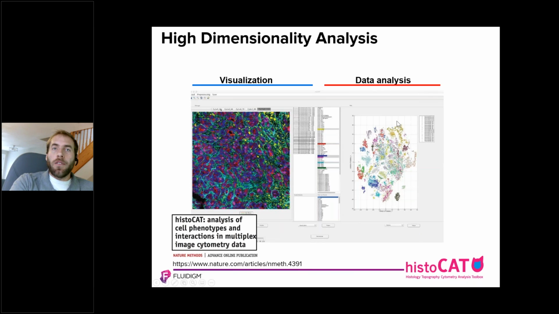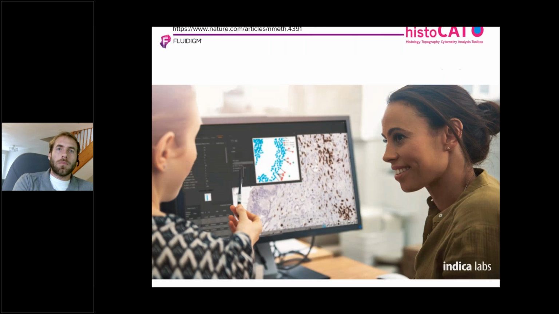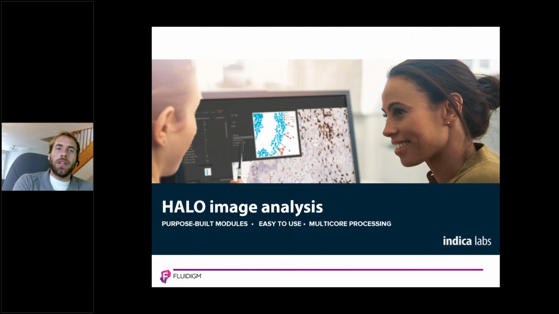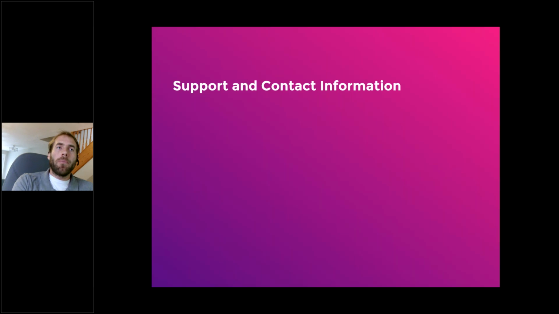What's cool is you can identify populations in your plots and graphs, and then highlight those back onto your image, which is a good sanity check, among other things. All of these solutions are open source and available to anyone to use for free. We also have some commercial partners, including Halo and VisioPharm.